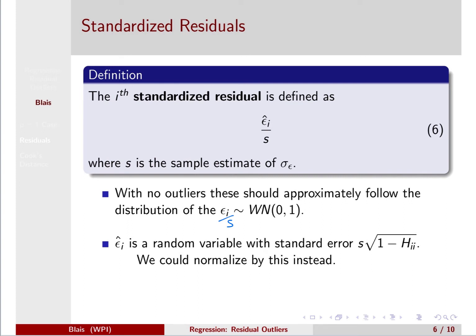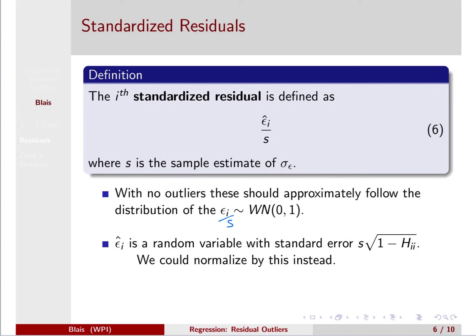We also can point out that epsilon i hat itself is a random variable. That random variable has a standard error of s times the square root of 1 minus its leverage factor. Well, if this is the standard deviation of this random variable, we also may want to normalize by this instead.